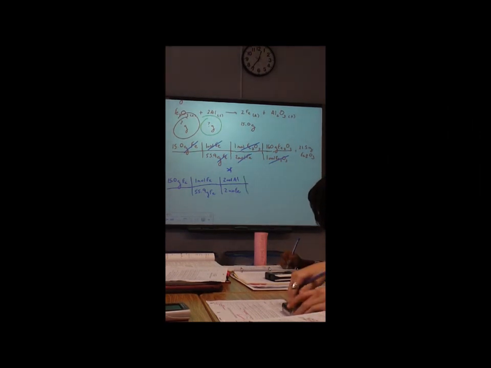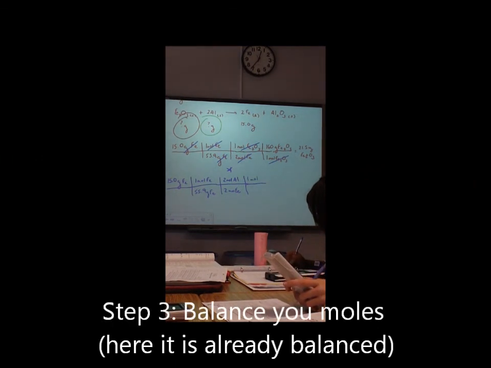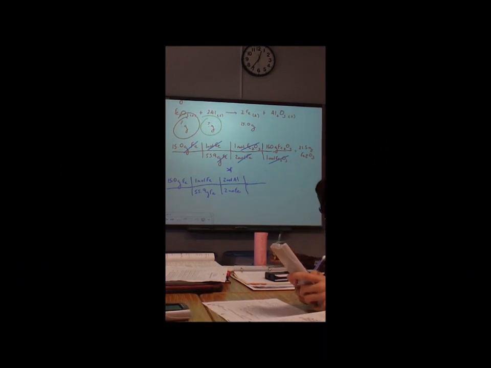And then the mass of aluminum. You've got to be careful because oftentimes students will want to write 2 moles of aluminum in this conversion. And you can do that, but you just have to be careful and you would have to double the mass of aluminum.